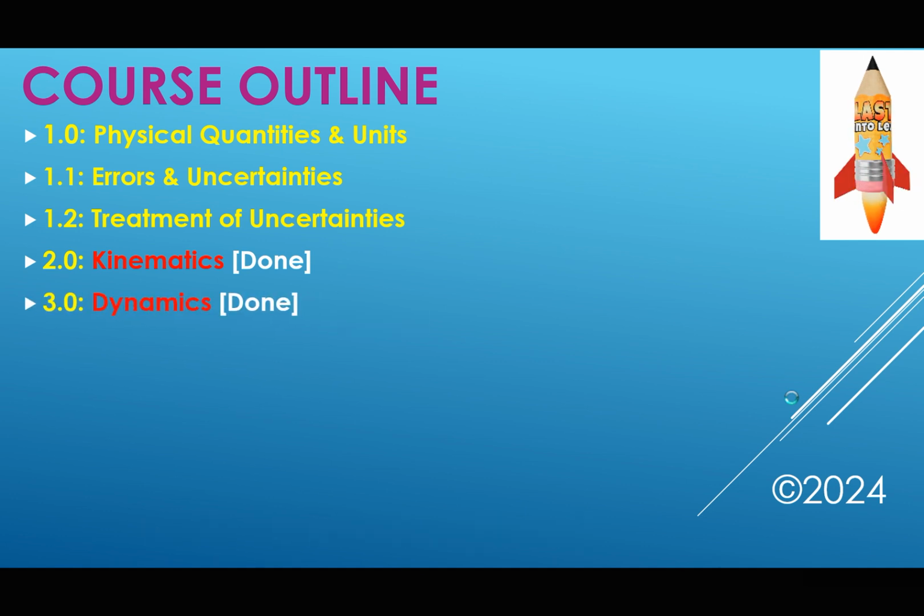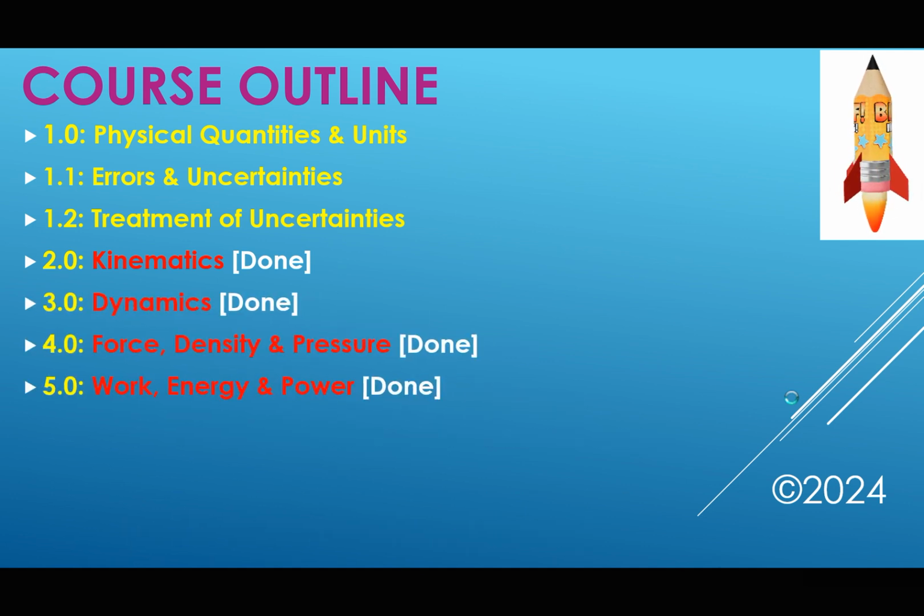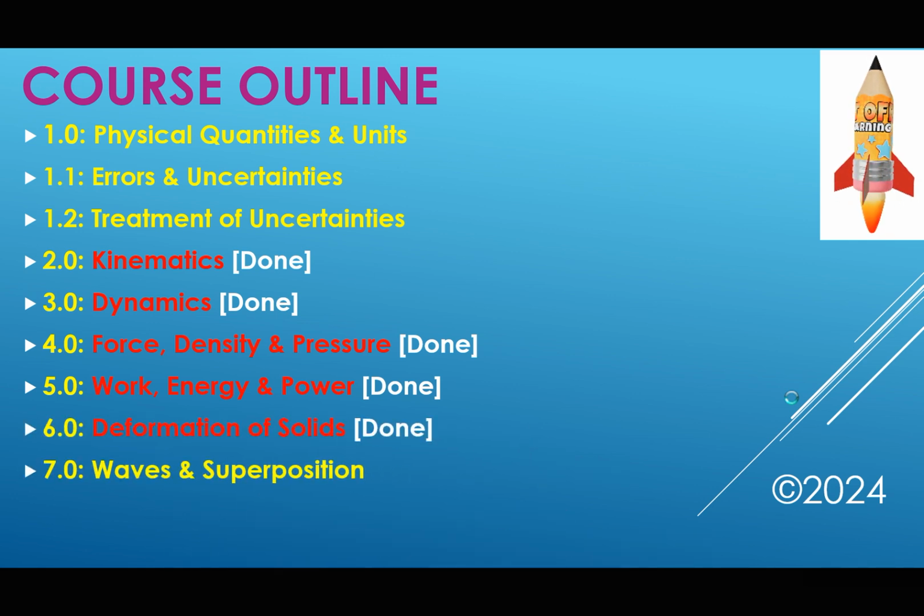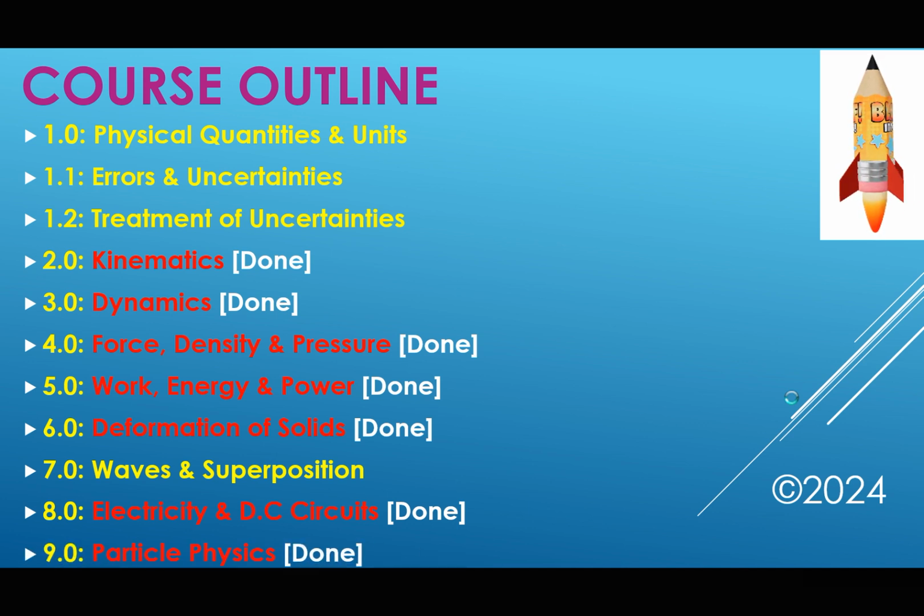Kinematics, dynamics, force, density, pressure, work, energy and power, deformation of solids, waves and superposition, electricity and DC circuits, and then particle physics. These are the topics you're supposed to cover by the time you finish your AS. And currently we are finishing up with waves and superposition, and this is going to be lesson 15, diffraction grating.